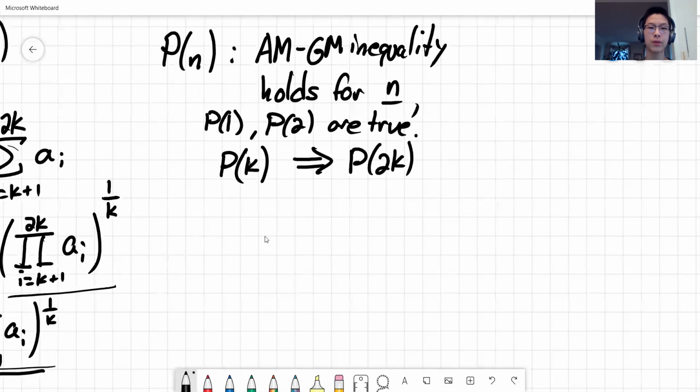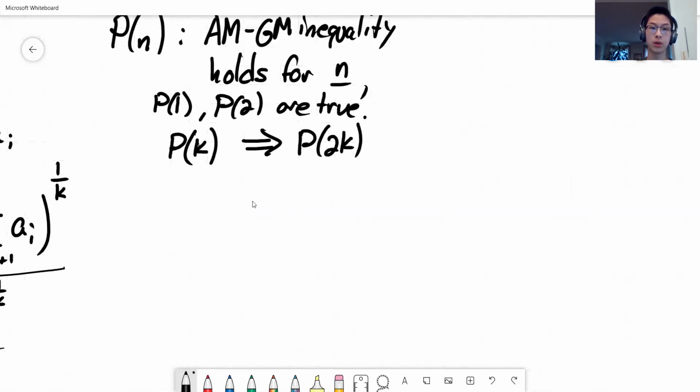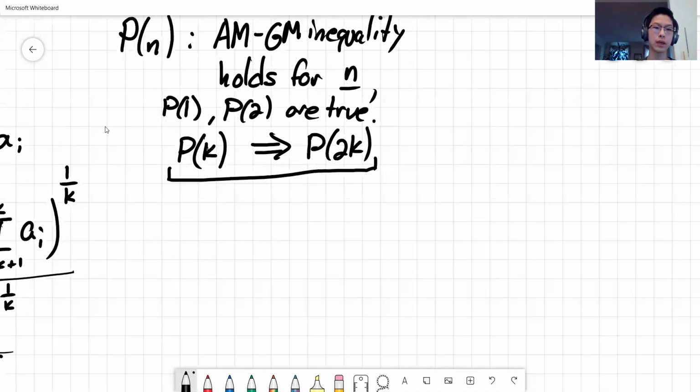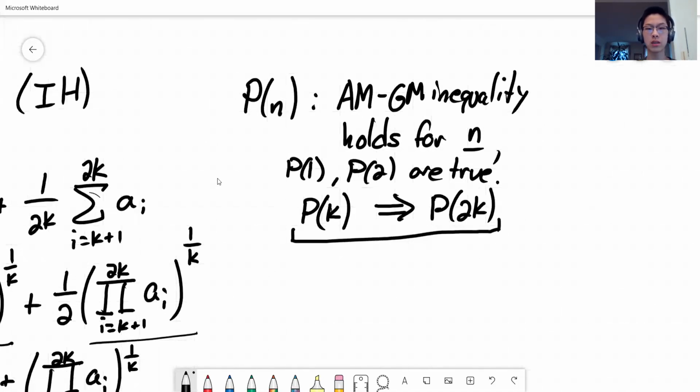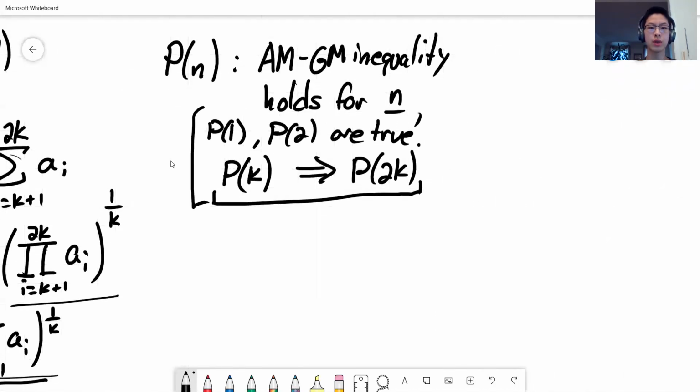All right, so we have 1, 2, and then we have this doubling property where we can double over and over again. So what do we need? What we need is a way to go backwards, right? Because with just these rules, we only have that this inequality is true for all powers of 2.